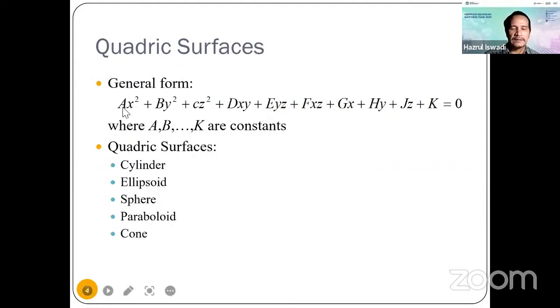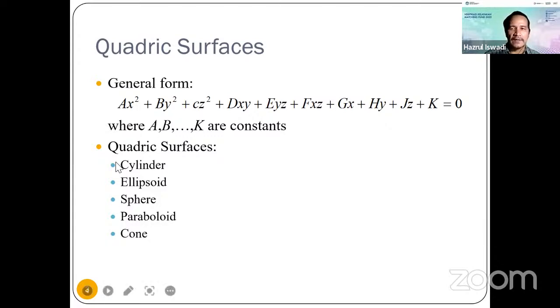The formulas consist of x square, z square, or combinations of xy, zy, xz, and so on. This is a general form of quadric surface.